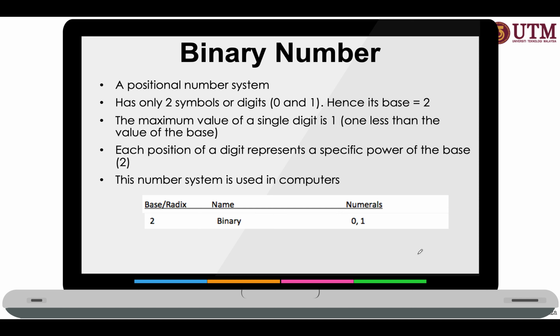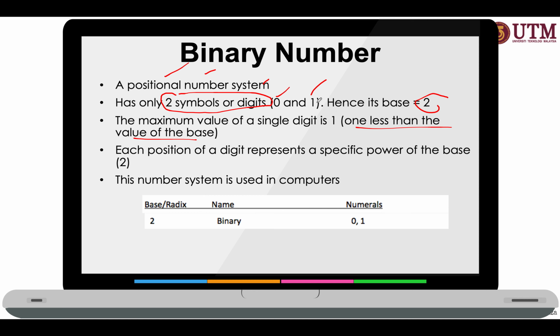So on the binary number, what is a binary number? It is a positional number system which only has 2 digits, 0 and 1. So here it is base 2, and the maximum value of a single digit is 1, which is 1 less than the base.